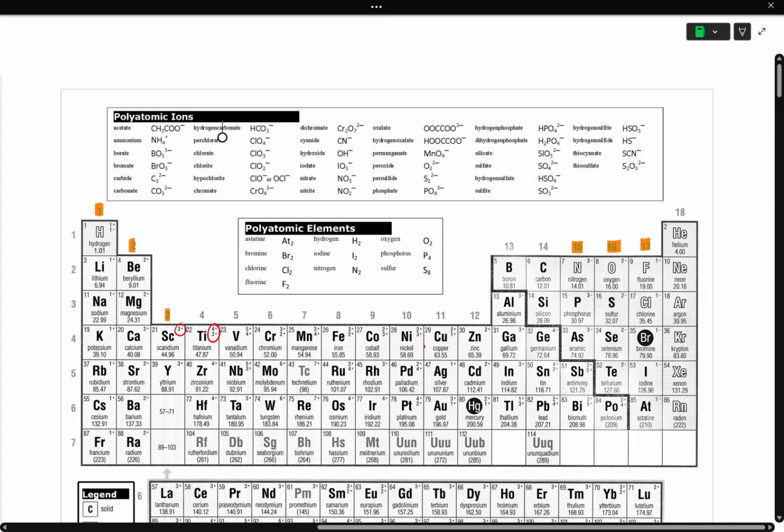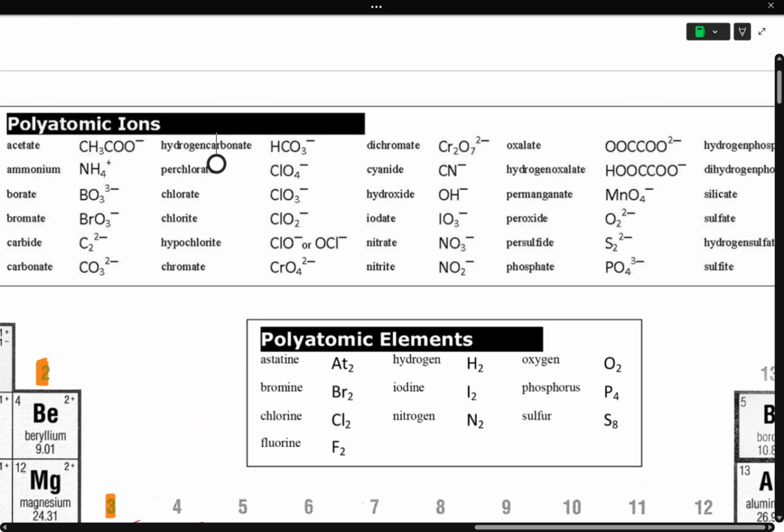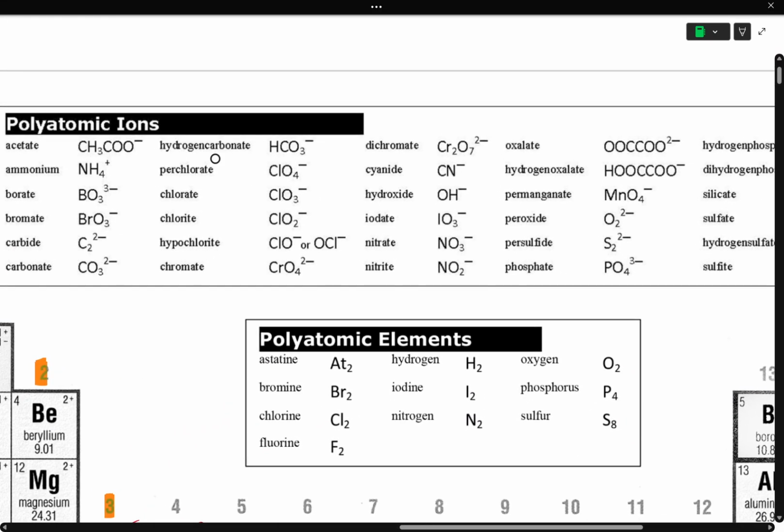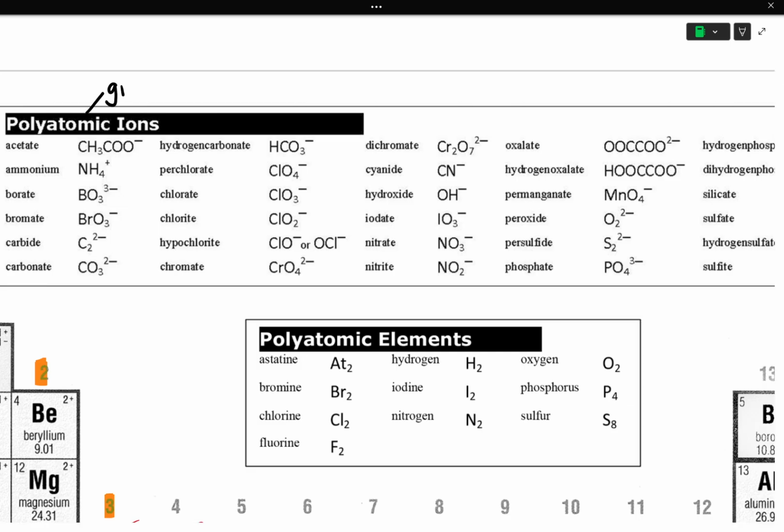The polyatomic ions are up here. And a polyatomic ion is a group of atoms that behave as 1.